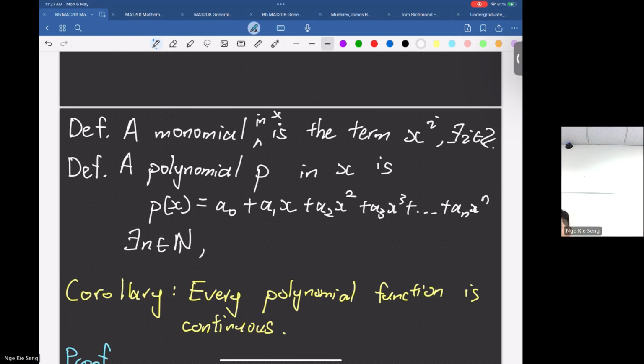We can take the ai to be in the reals or the complex numbers.